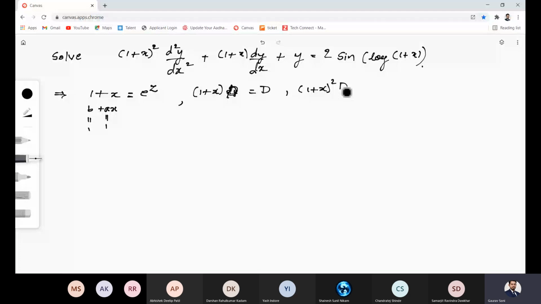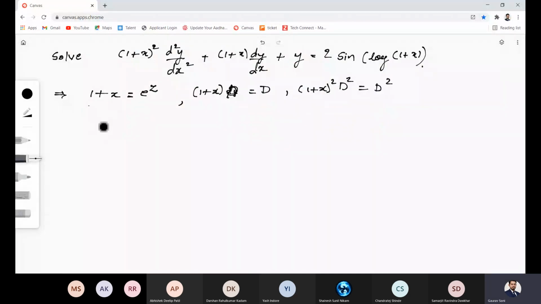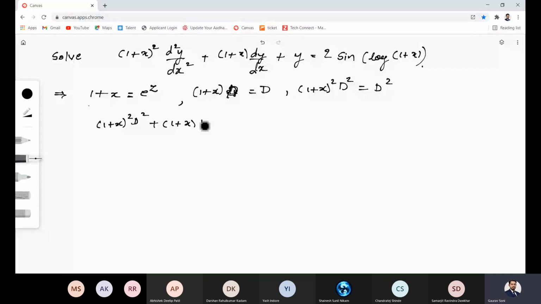Clear? So now, first of all, convert it to our standard form: (1 plus x) whole square d square plus (1 plus x) into d plus 1, bracket complete, y is equal to 2 sine log of (1 plus x). Now in this we are substituting the above things.